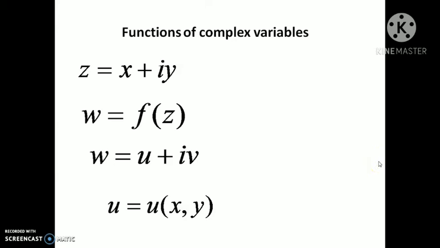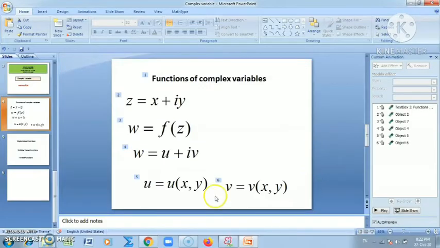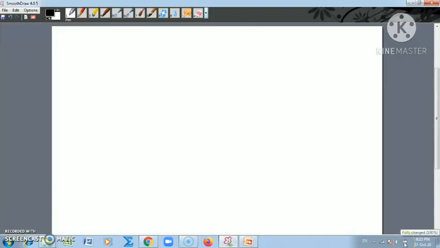Now let us look at this one, and let us look at an example. Let us try to see whether this can be done.